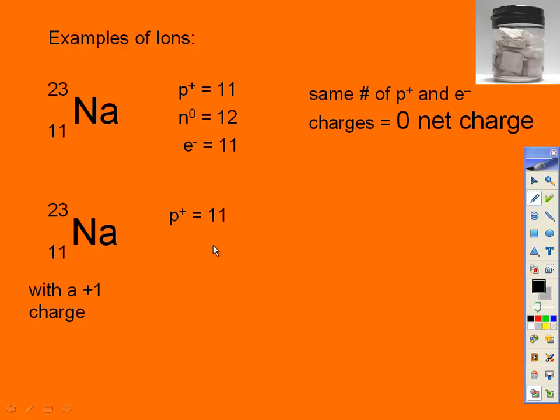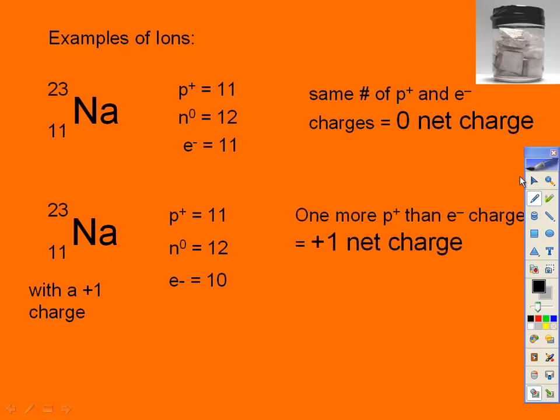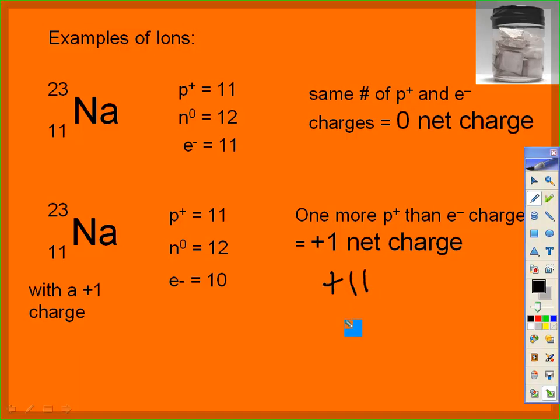So that stays the same. The neutrons stay the same because they're still adding up to 23. But the electrons are now 10 because there's one more proton than electron. So I've got a +1 charge. Or you can think of it like I've still got +11, but now I've only got -10. So 11 minus 10 is a +1.